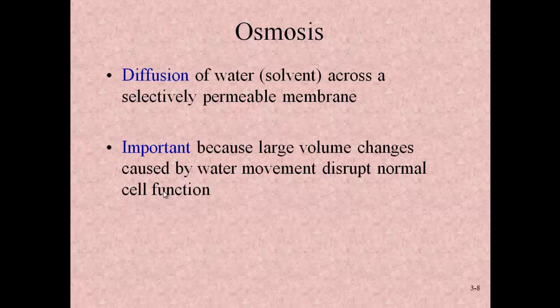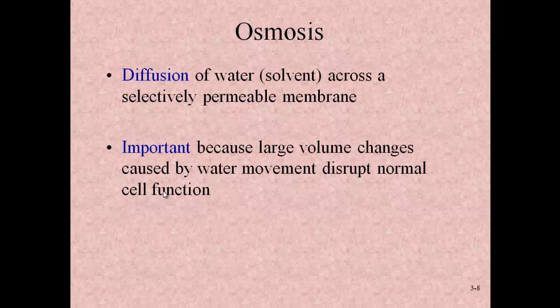Again, osmosis is the diffusion of water across a membrane. And this is important for us in our bodies because we have a constant shifting of water that occurs as a result of osmosis, going from high water concentration to less water concentration. Ideally, we don't want huge water shifts. We want to have equal amounts of water on either side of a membrane.